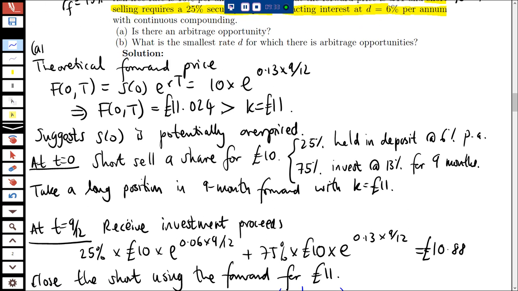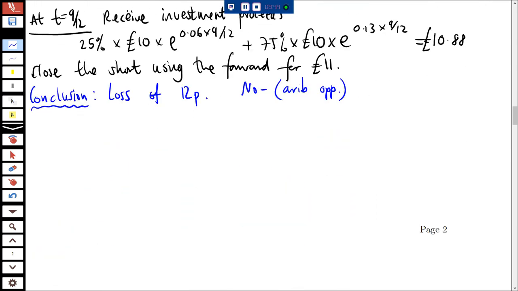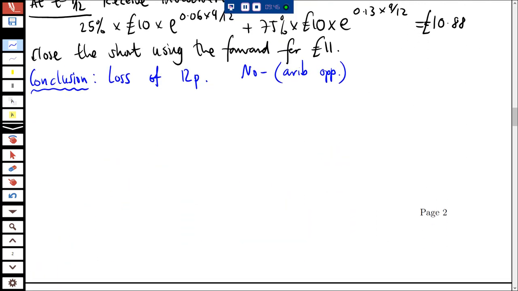Part B. What is the smallest rate of D for which there is arbitrage opportunities? Okay, this needs some thought. So let me think about this. So part B, well, we need the investment proceeds to exceed the fair value of the forward.